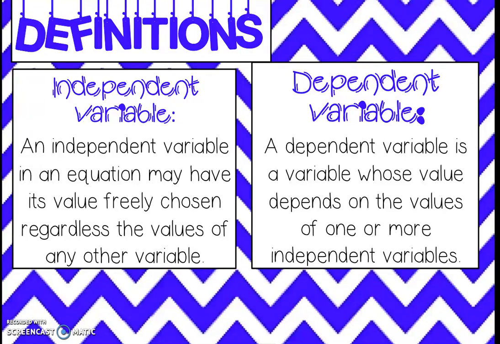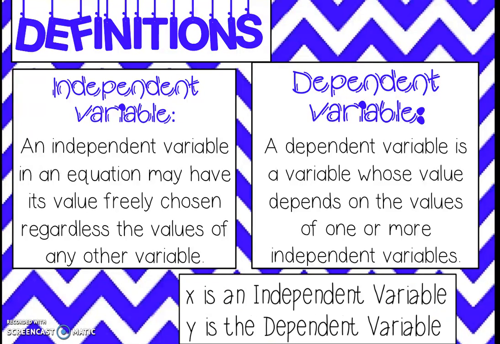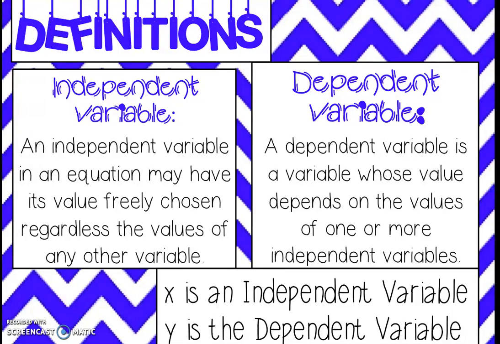Okay. The dependent variable, on the other hand, is a variable whose value depends on the value of the independent variable. So whatever happens with the independent variable directly affects your dependent variable. Now, we also learned that x is always your independent, and y is the dependent. So it's like you change x, and whatever you do to x, it equals y.